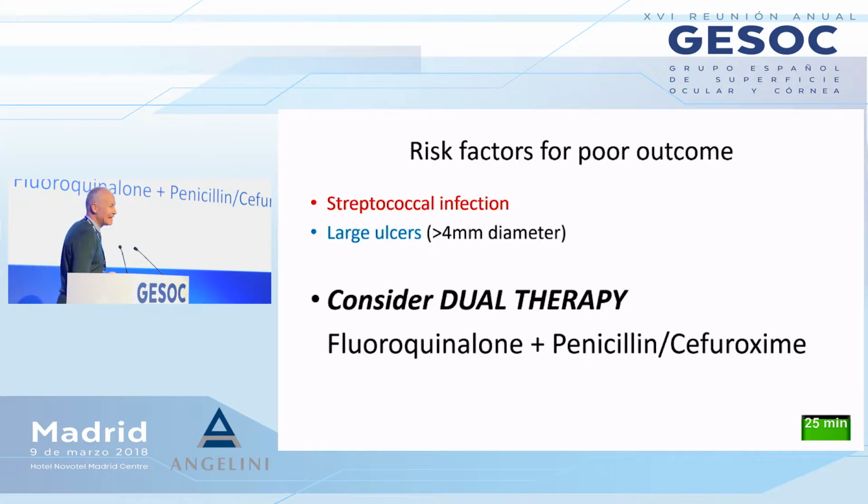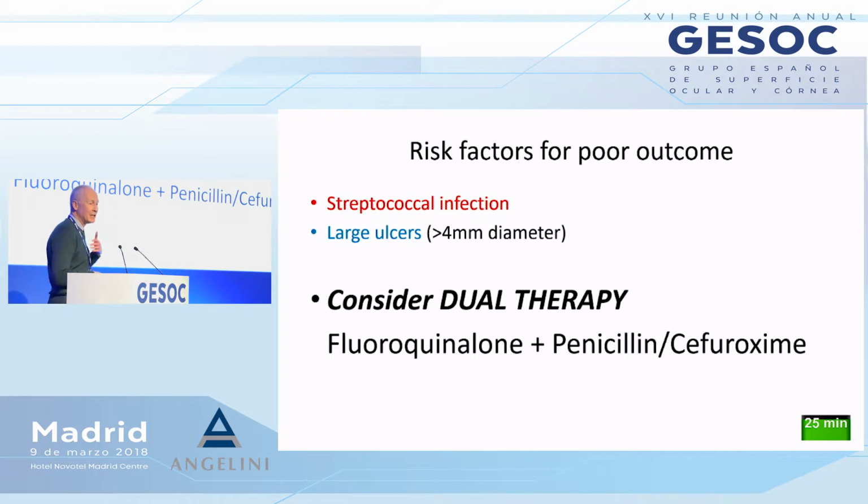Which cases do badly? Well, streptococcal infections move very fast, and large ulcers. And the large ulcers may be streptococcal. And so if you have these risk factors, then you might consider dual therapy.